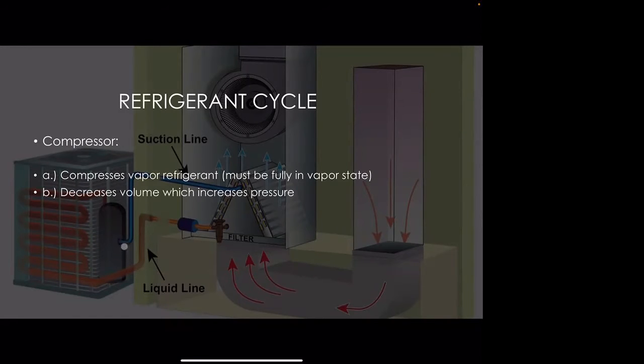And then what it does at that point is it decreases the volume, which will increase the pressure. And it heats up due to compressing that vapor to a liquid.